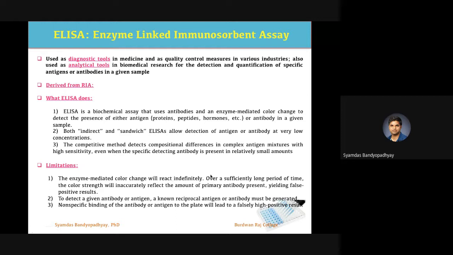That means after a sufficiently long period of time, the color strength will inaccurately reflect the amount of primary antibody present. The color change keeps on happening. Therefore, after a certain time, the color may saturate also. So the intensity of color that you see in the sample may not reflect the actual concentration of the antigen. So that is one limitation of the ELISA.